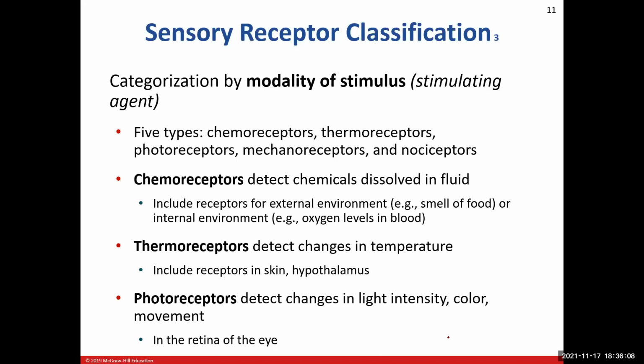All right, chemoreceptors are going to monitor chemicals in whatever it is that you are imbibing or smelling.